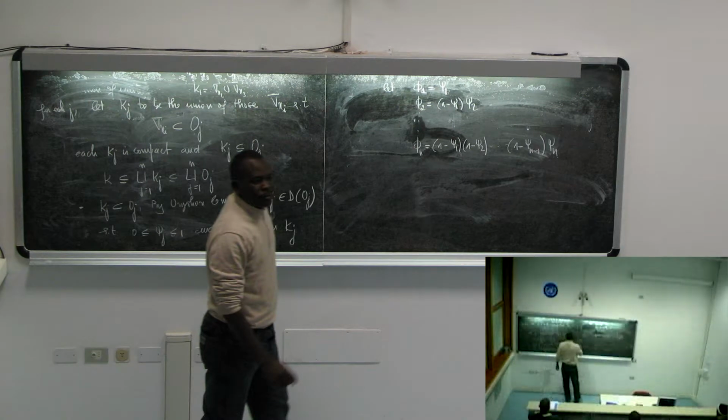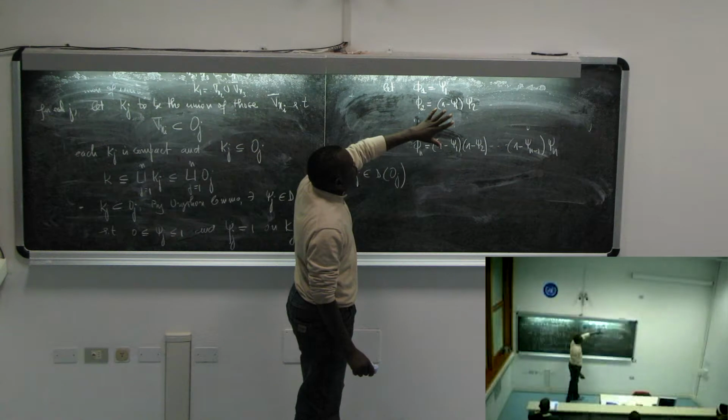Now, phi j belongs to D of Oj. Why? Because each phi j is a C-infinity function, and the support of phi j is included in the support of psi j.